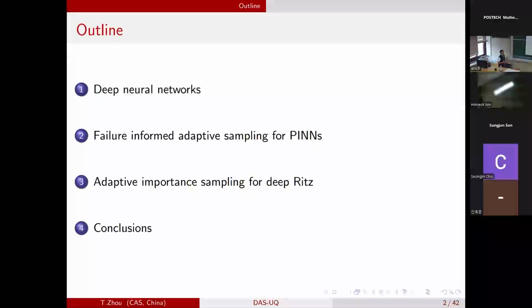So one of the key issues is how to choose the training points. Similarly, you can do the same thing for the so-called deep Ritz method. Deep Ritz is based on the variational formula of the PDE, a different type of method using deep neural networks. And then in the end, I will give you some conclusions.